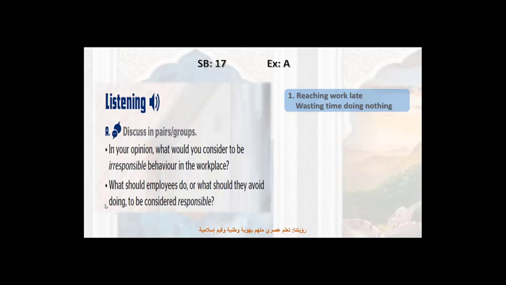And the answer for the second question, reach work on time, work properly, and do their best. This is the answer. And that question and answer will lead us to the listening.